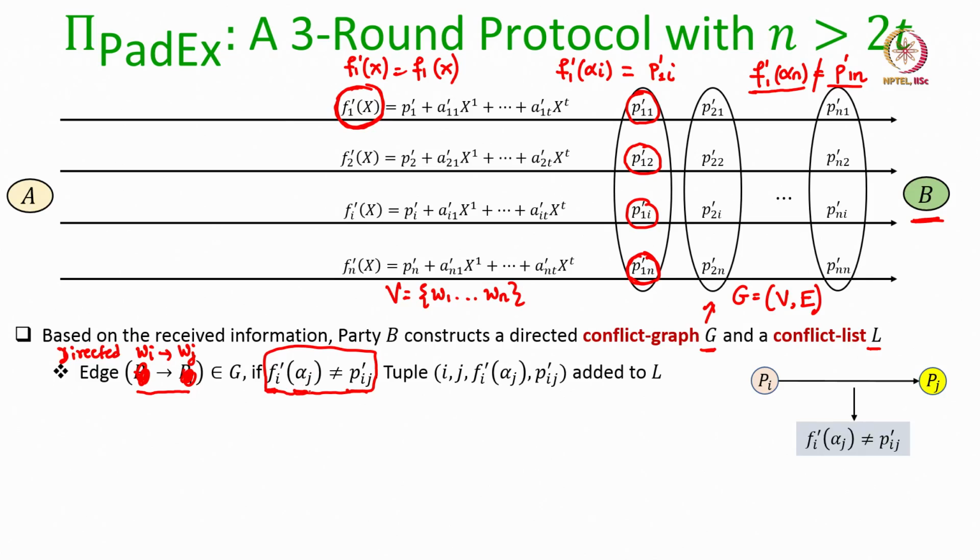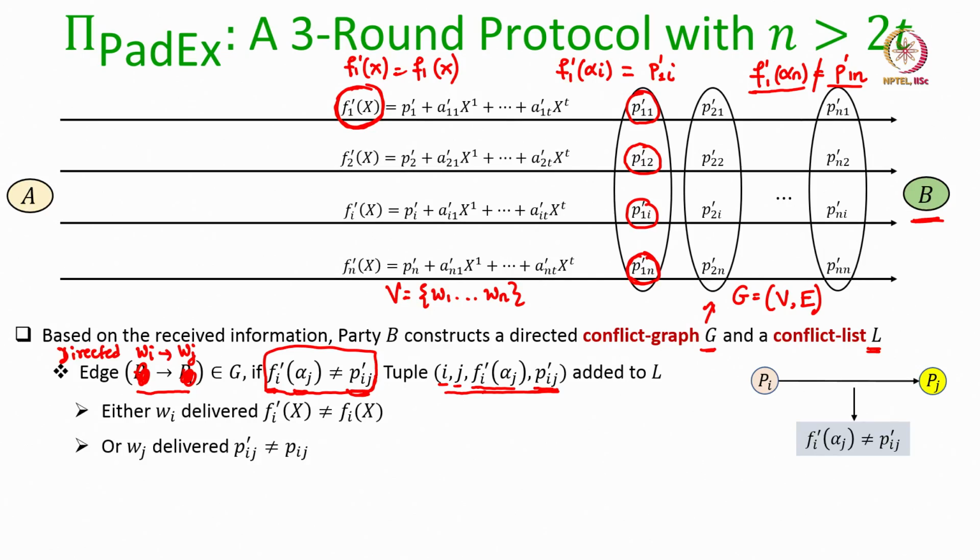So, whenever the ith received polynomial's jth point does not match the supposedly jth point on that polynomial, node B goes and adds a directed edge as a conflict from the wire Wi to the wire Wj, and corresponding to that conflict it adds a conflicting tuple to a conflict list, and that conflicting tuple represents the indices of the conflicting wires and the two pieces of conflicting values, namely the ith received polynomial evaluated at alpha j and the supposedly value p prime ij, which should ideally match that value, but they are not matching.